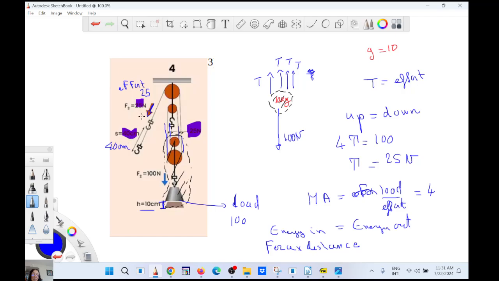So energy in, effort times distance 1, equals the load times distance 2. So if you decrease the effort, it means it's easier, the distance has to go up. So that's the rule. But the only challenge here is really to define the system.